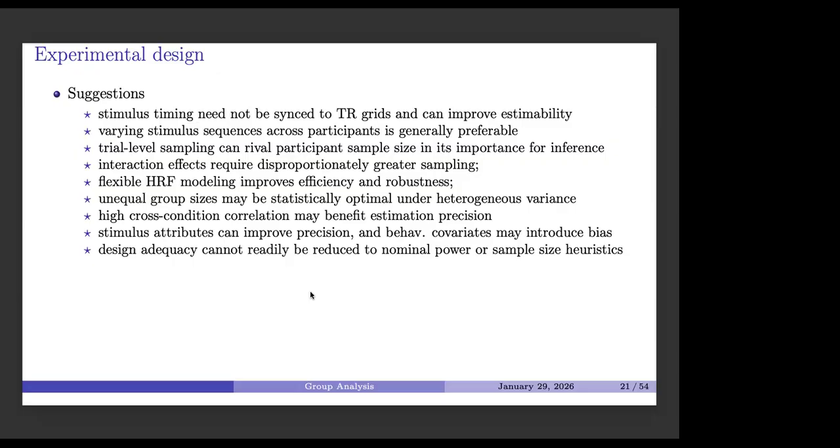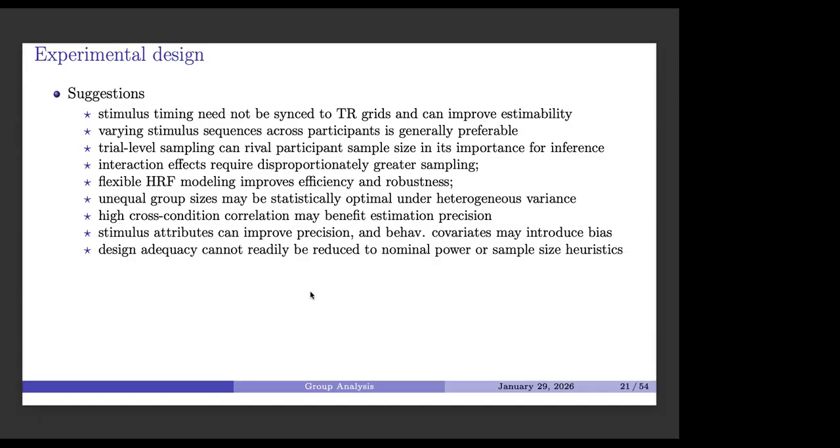But that's not necessarily a good idea, because we need to randomize as much as possible. If we don't align to the TR grids, that will give us more room to randomize the stimulus timing. Regardless of whether you are using a canonical HRF or you estimate the HRF, that will give us more sampling data points.